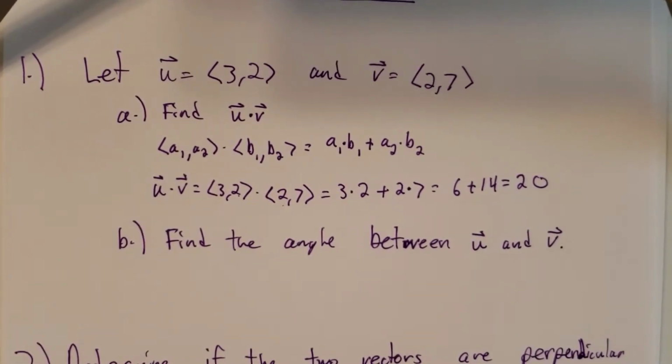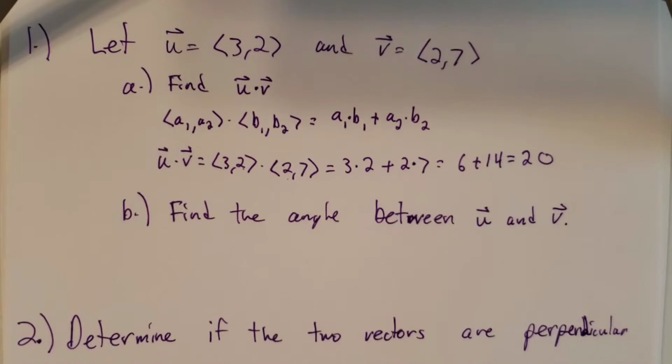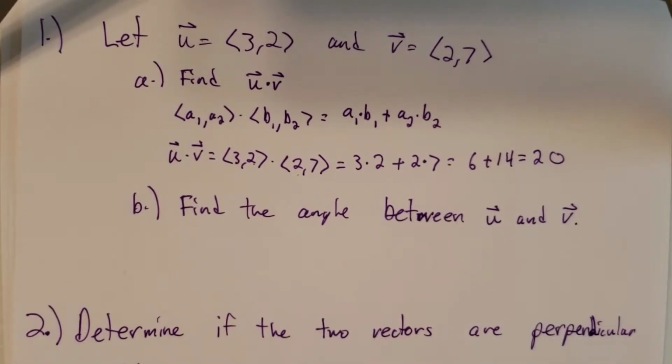It might seem weird that we've defined the dot product in this way, but this actually has a lot of uses, both in physical interpretations and other calculations. One of our interpretations is a formula for finding the angle between two vectors, u and v.